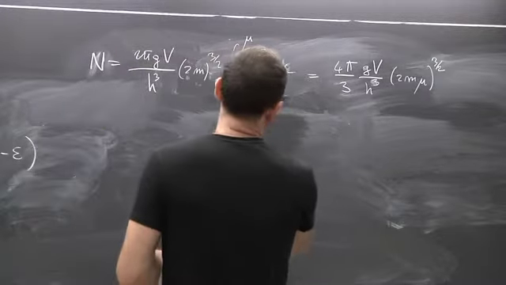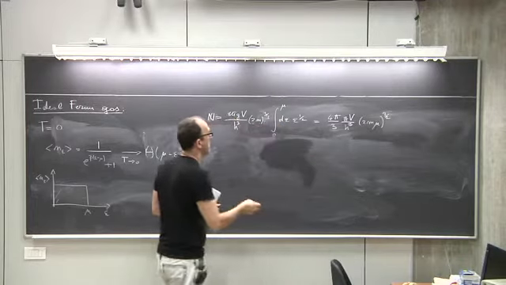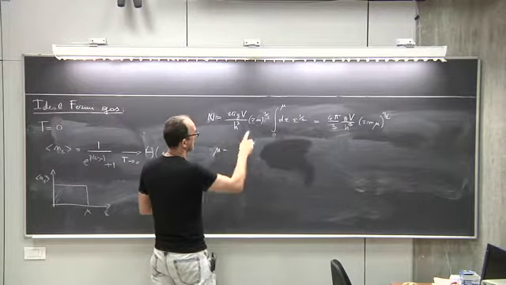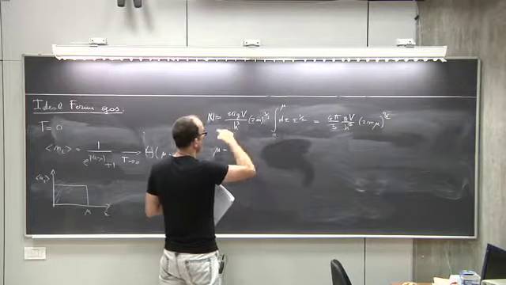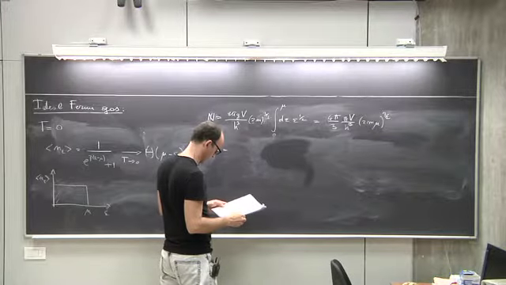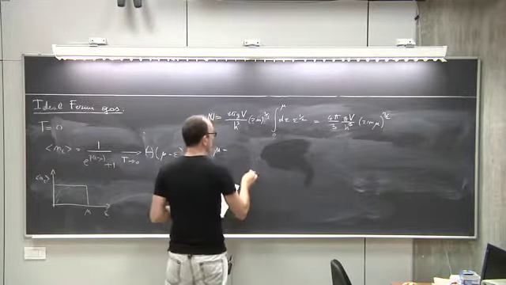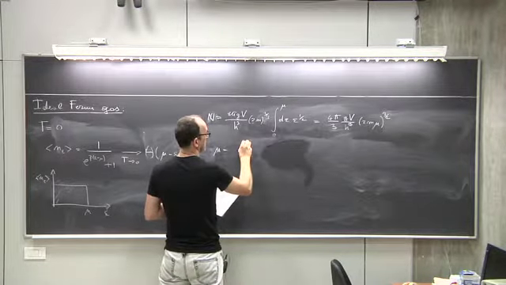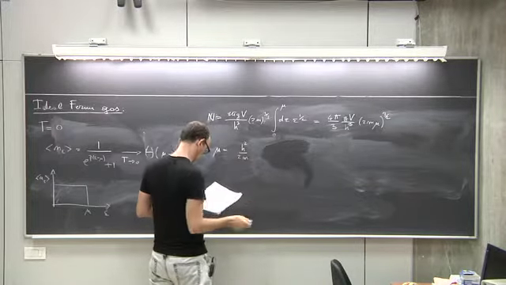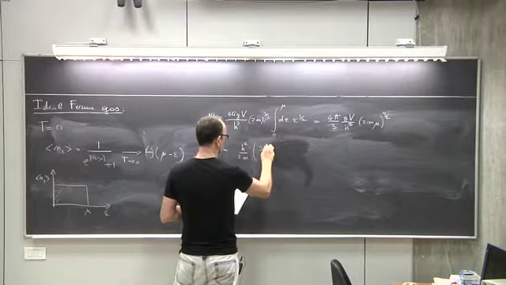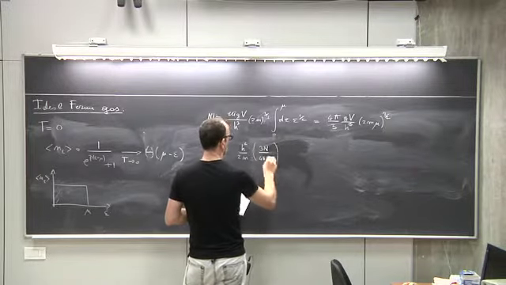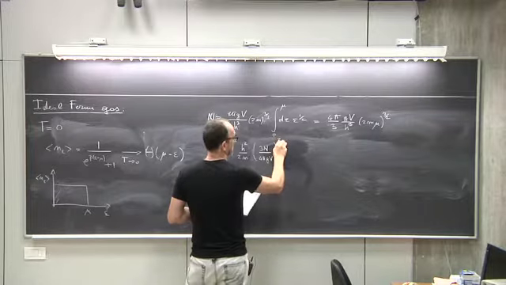So from this you can get an equation for mu, which is equal to h squared over 2m times 3n over 4 pi g V to the 2/3.